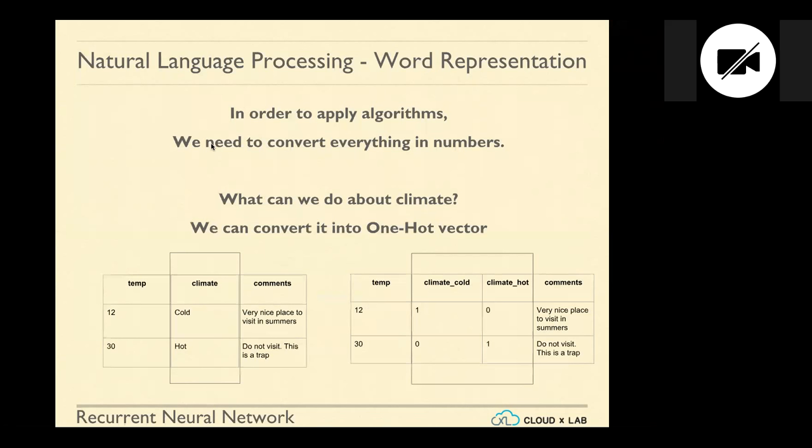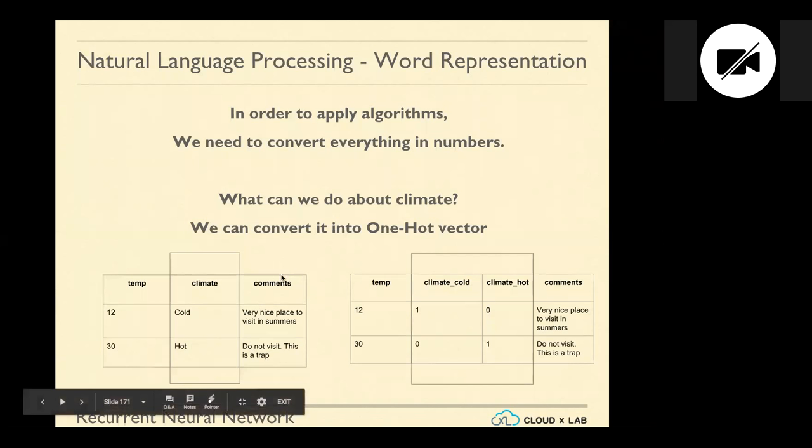We basically took the column climate and converted that column into two columns, climate underscore cold and climate underscore hot, and here we're putting a flag 1 in case of cold, and in case of hot we're putting the flag.